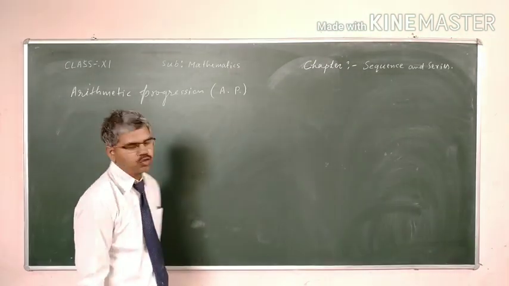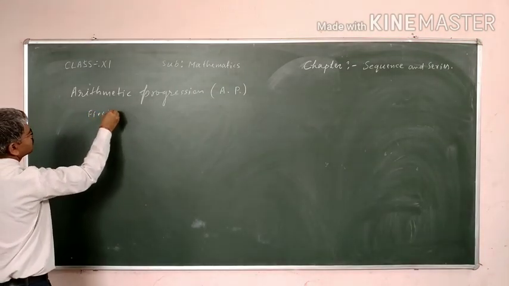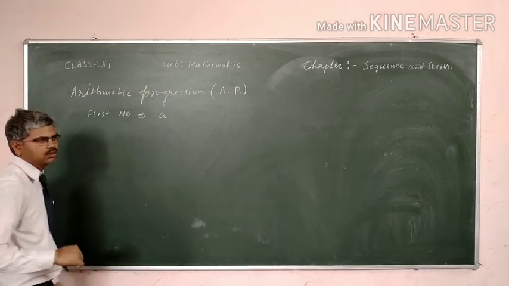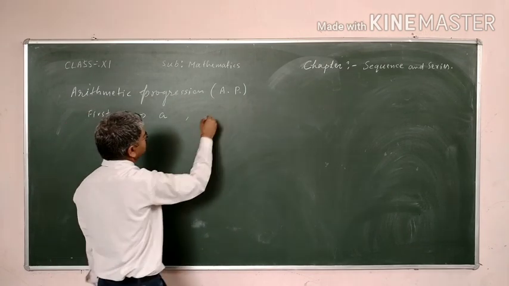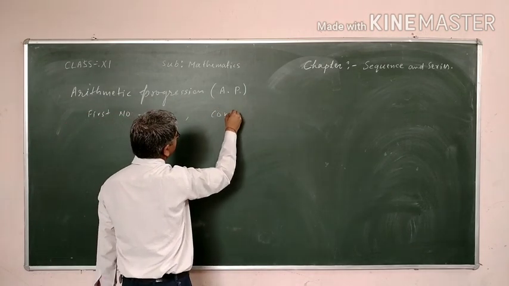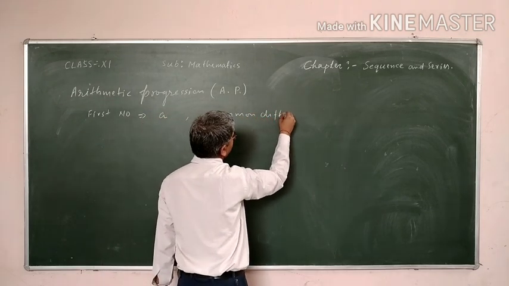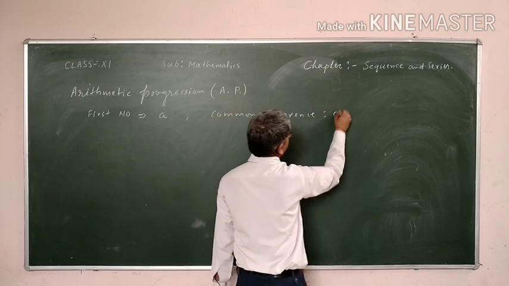Suppose the first number is A, that is the first term of the sequence, and the common difference is D.